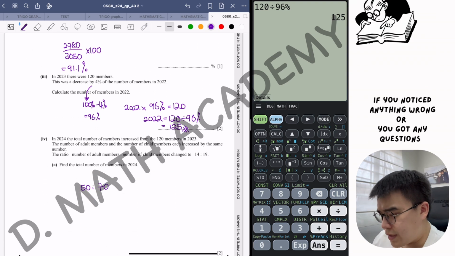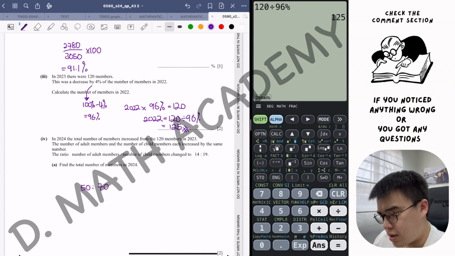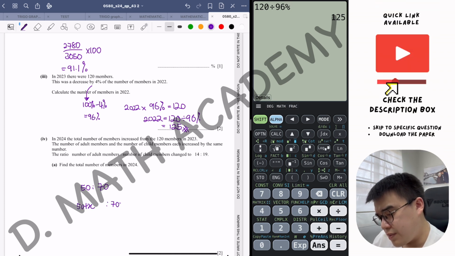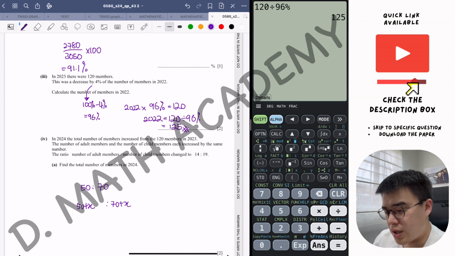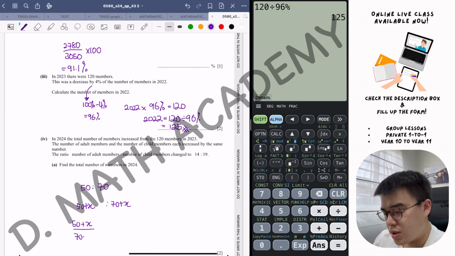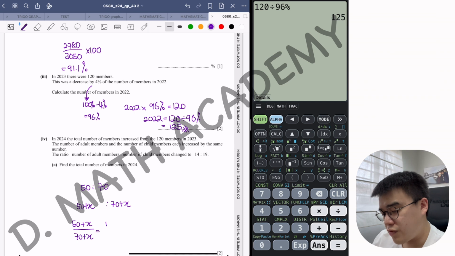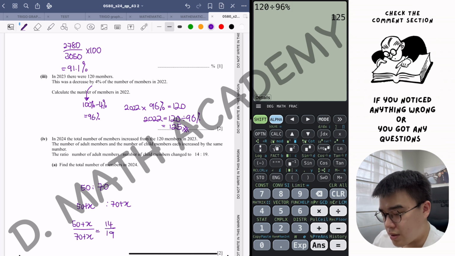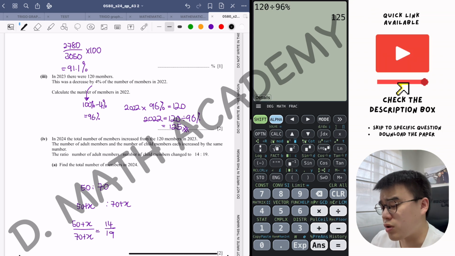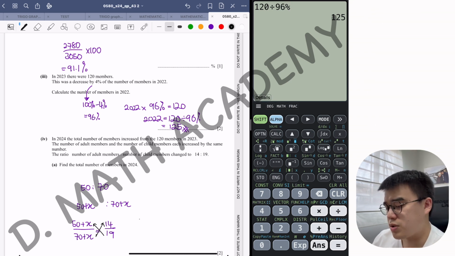So they are basically telling me that it is 50 plus x and 70 plus x, and when they simplify the ratio, it will result in 14 to 19. If I didn't interpret the question wrongly, this would be the ideal way of solving it.